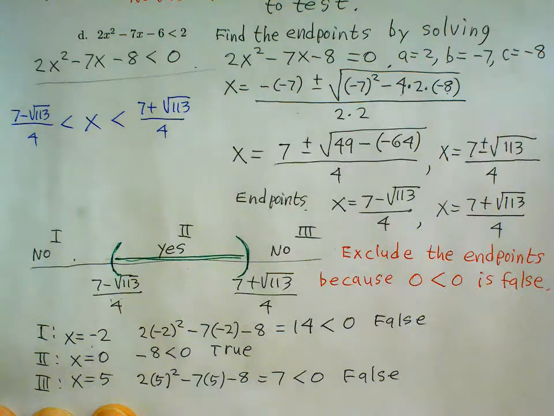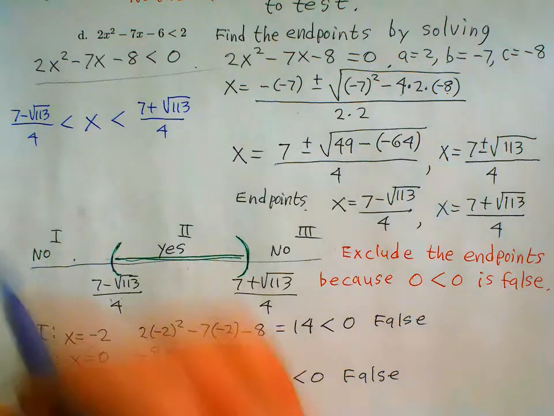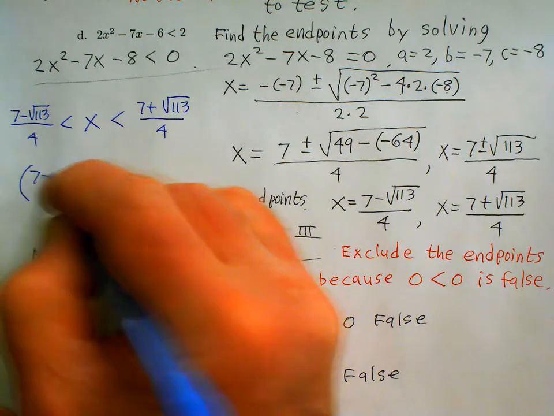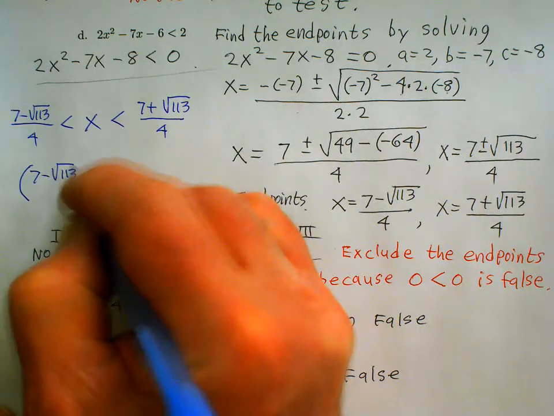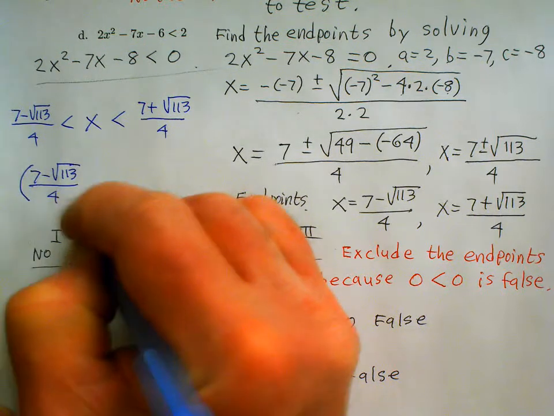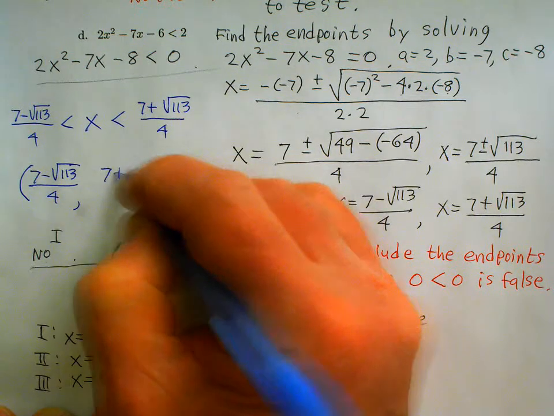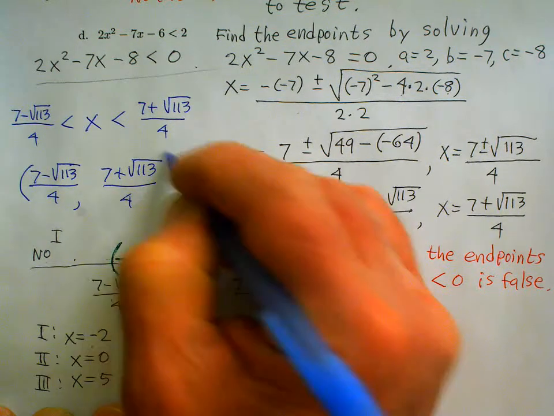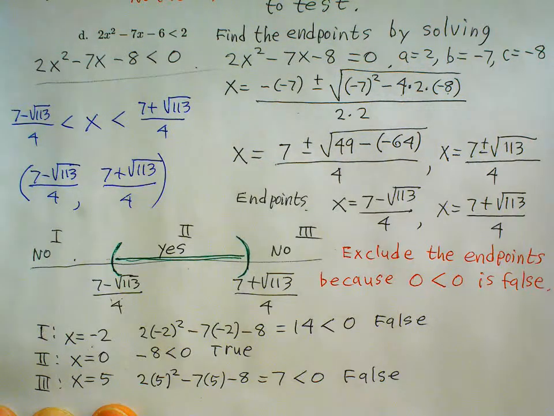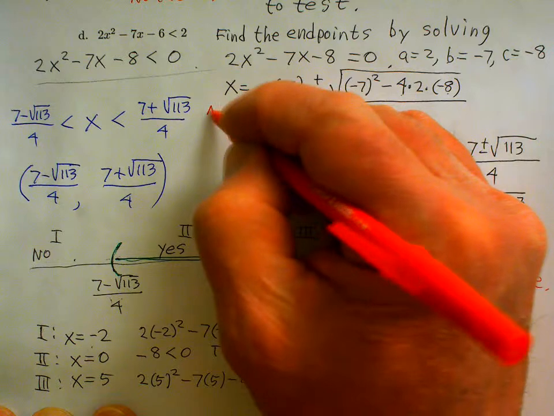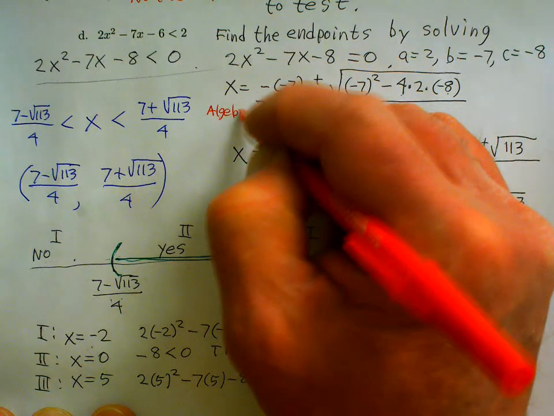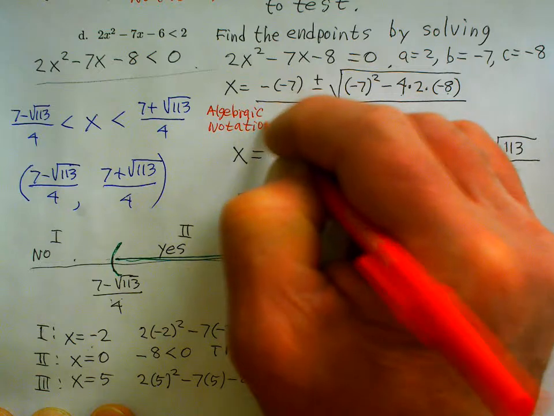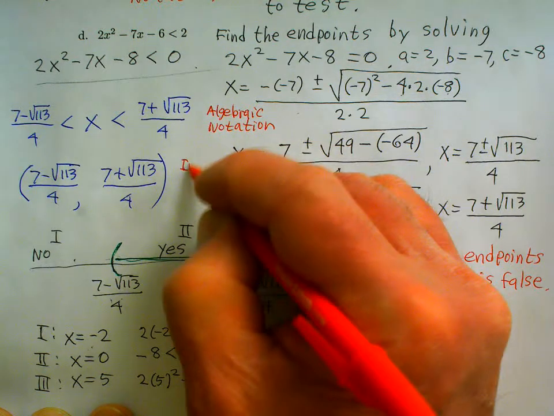That's the algebraic notation. And then the interval notation, parenthesis 7 minus the square root of 113 over 4, comma, 7 plus the square root of 113 over 4, parenthesis. So algebraic notation, and then the interval notation.